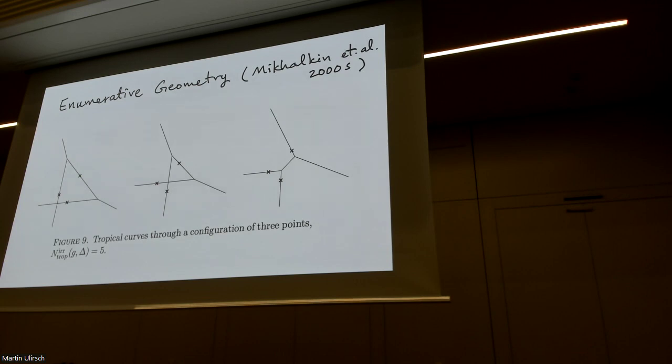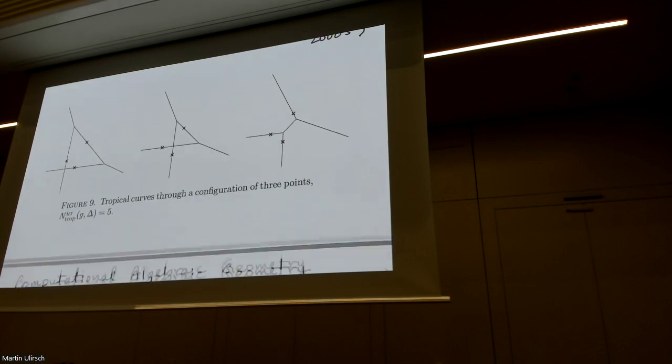These answers are called Gromov-Witten invariants. Mikhalkin showed that the number of solutions for the classical problem is equal to the number of solutions for the tropical problem, and the tropical objects are much easier to count. This way he came up with new formulas that were not known before.